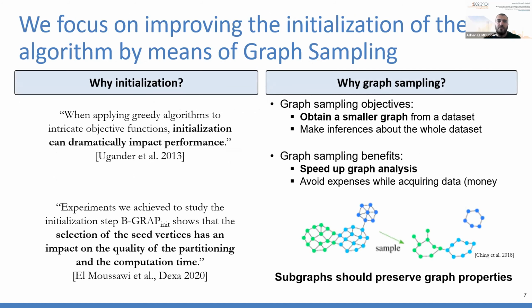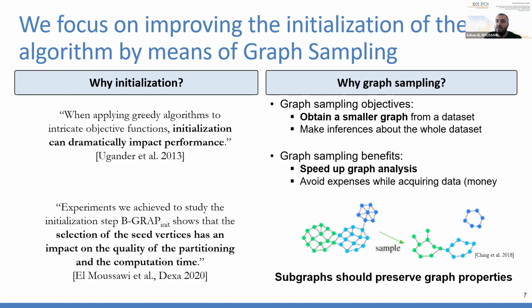So we have focused mainly on improving the initialization step of the graph partitioning algorithm. Why the initialization? Because it has been proven in several previous works that the initialization is a crucial step in any algorithm based on optimizing an objective function.